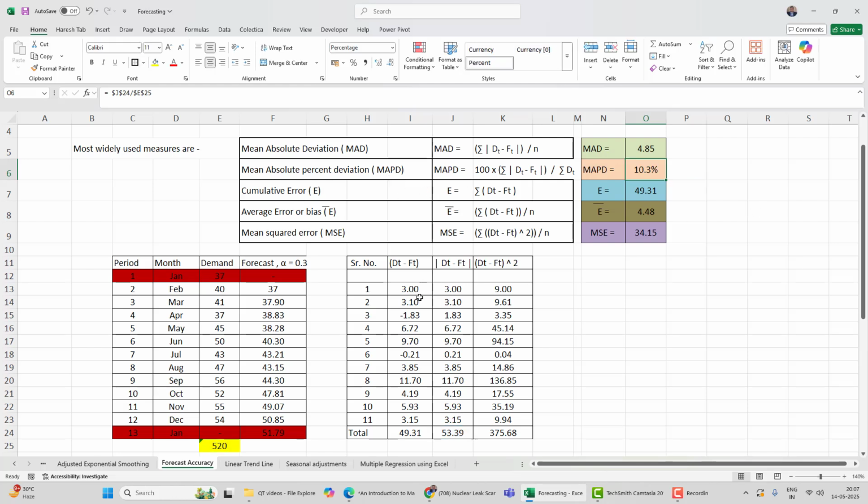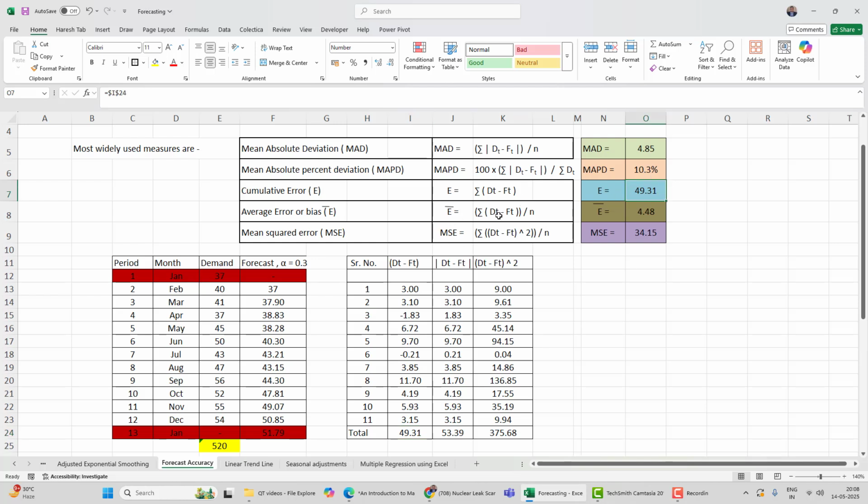Now what is cumulative error? Cumulative error is without the absolute values, that means the actual difference along with the negative values. We are simply going to find the total error in these pairs. So 49.31 is the total value here, which is nothing but our cumulative error.